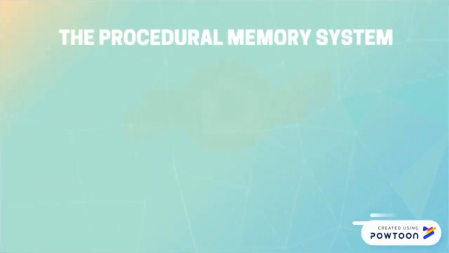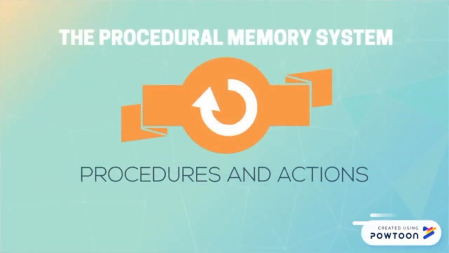Now, the procedural memory, on the other hand, is not related to information, but it is related to actions, skills, performances, and tasks that you can complete. And those are usually linked to our implicit memory, because usually we don't have to consciously think about these things.